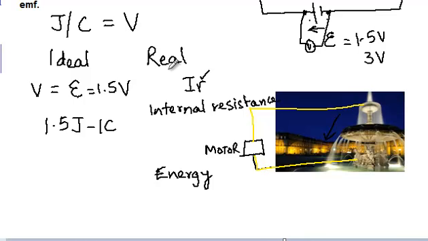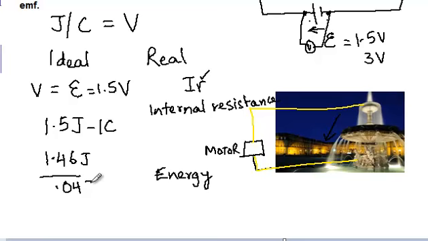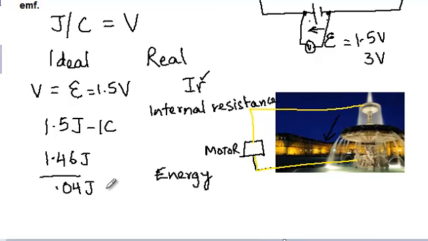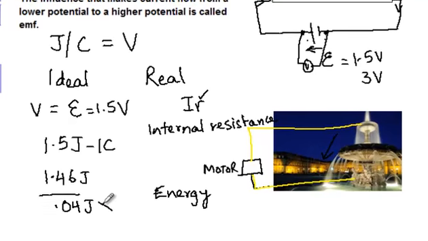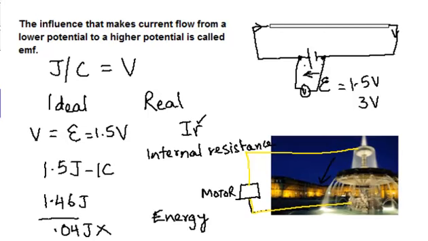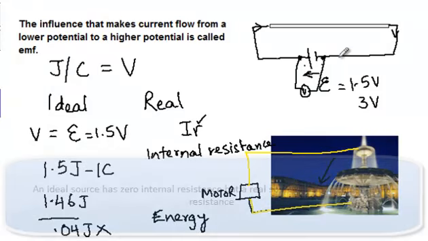But in case of a real source, you would not get 1.5 joules, you would get say about 1.46 joules, because the remaining, which is 0.04 joules, is energy which has been lost, which is not available, which has been dissipated due to the internal resistance of the cell when the charges are moving inside the cell.